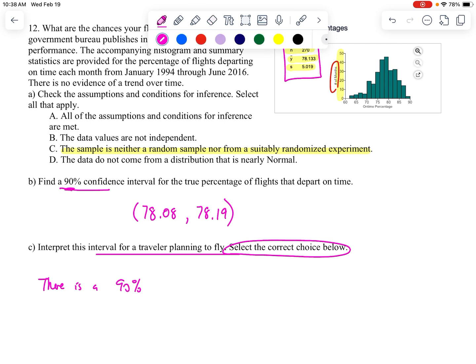There is 90% confidence that this interval contains the true mean monthly percentage of on-time departures.